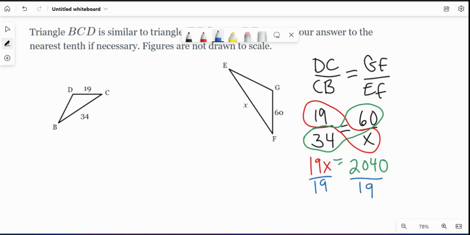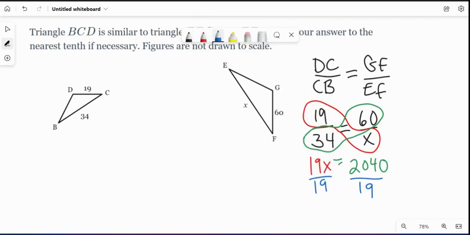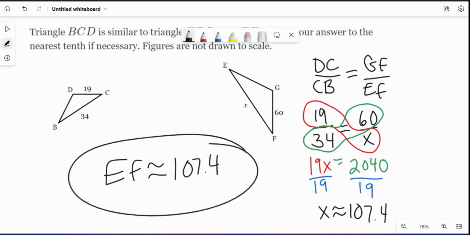Don't delete it. 107.4. What's 107.4? EF, it looks like. So my answer is going to be EF is about 107.4. We don't have any units in this case, but that's about right.